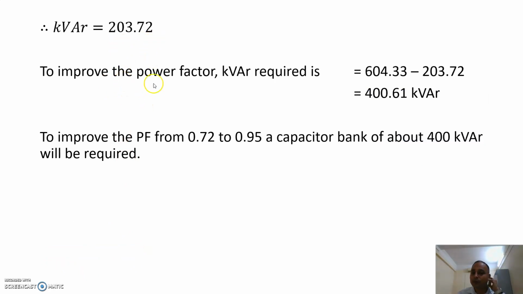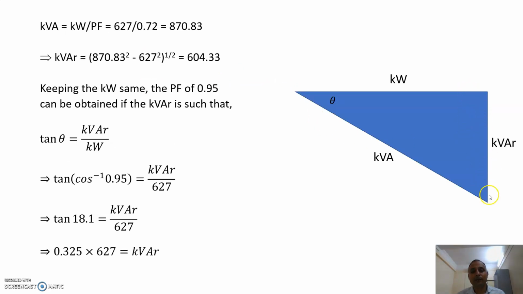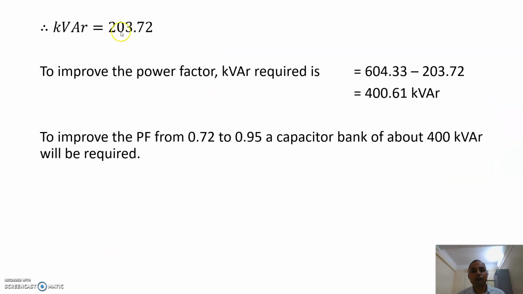To improve the power factor, what will be the kVAR required? Already this kVAR is 604.33. We want to make this kVAR equal to 203.72. So how much kVAR of capacitor do we have to install?